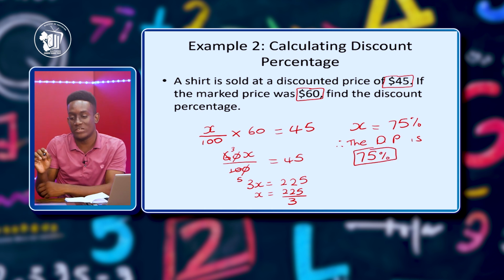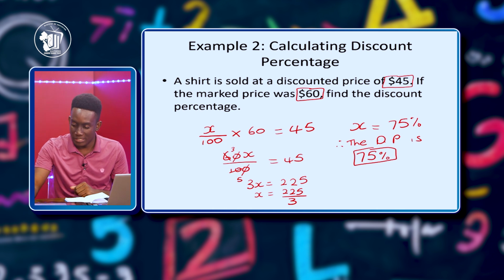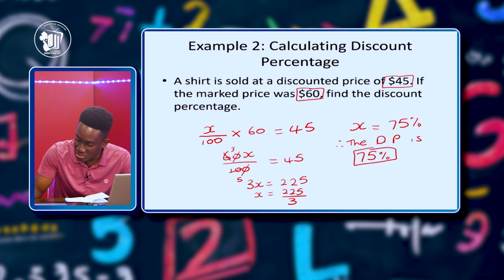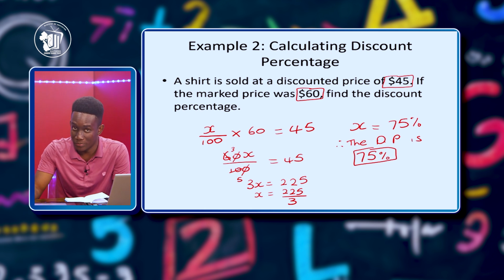Now we can check to see if our answer is correct. So we know the discount percentage is 75. I'm just doing this to check. You don't need to include this in your working, so you can just check to make sure your answer is correct. So we know it to be 75 over 100 multiplied by the marked price, which is 60.